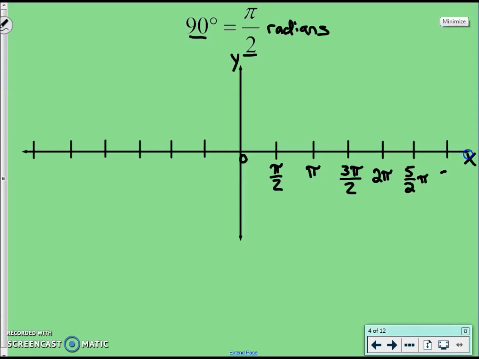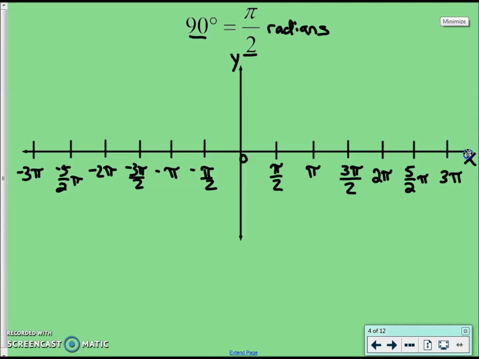I will end up at 3 pi, and so on and so on. Okay? Going this way, I could end up at negative pi halves, pi, negative 3/2 pi, negative 2 pi, negative 5/2 pi, and then negative 3 pi.